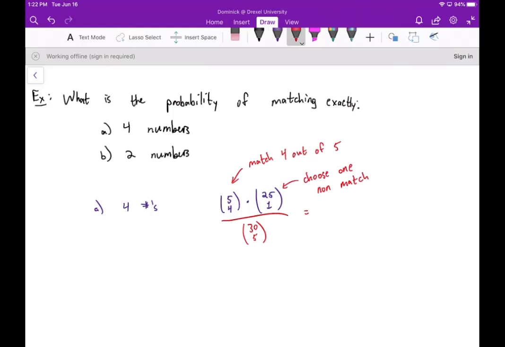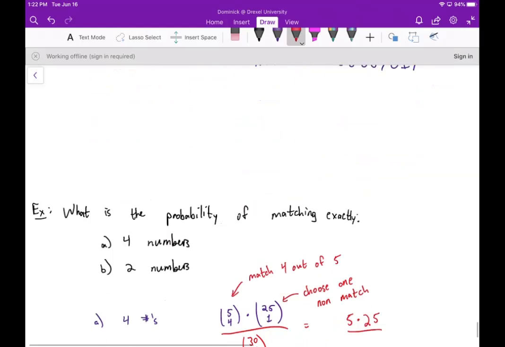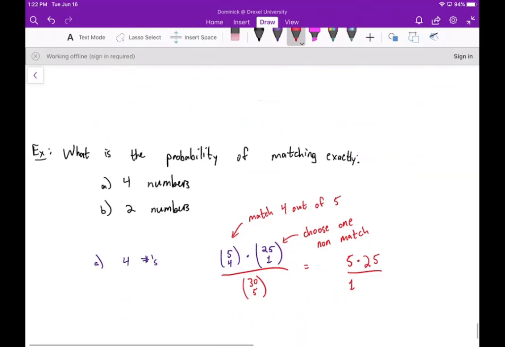In this case, 5 choose 4 would be 5, and 25 choose 1 would be 25, and then over 30 choose 5, which we just said was 142,506. If we divide this, our odds should be a little bit better.